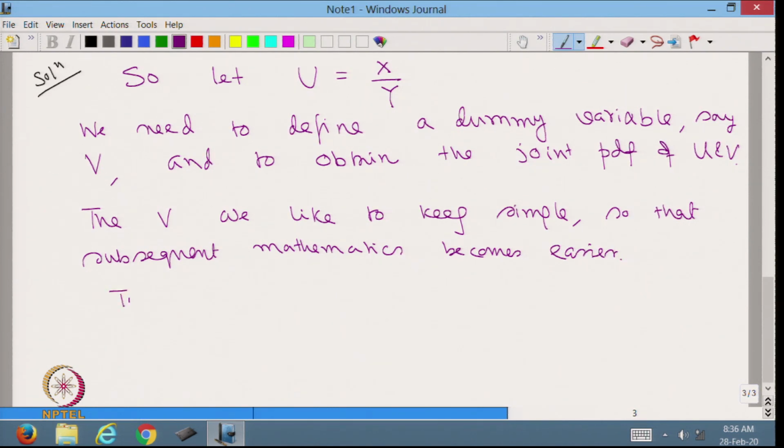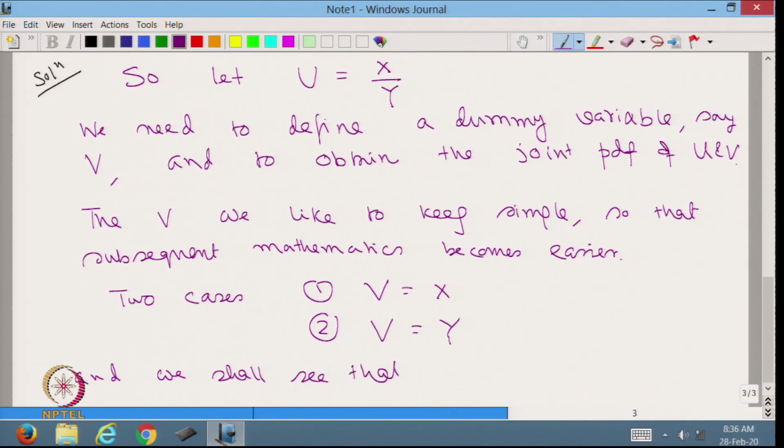So, I will take two cases. One is v is equal to x, and second I will take v is equal to y, and we will see that we get the same answer.